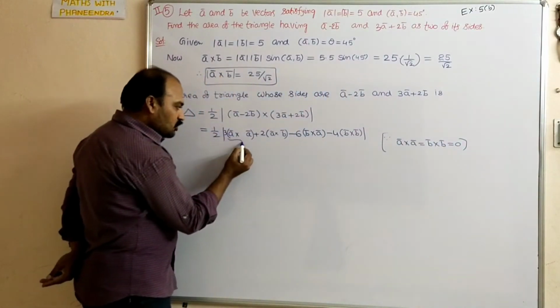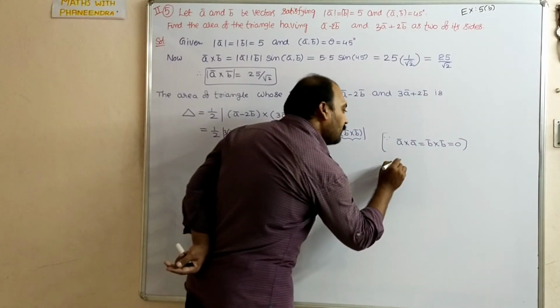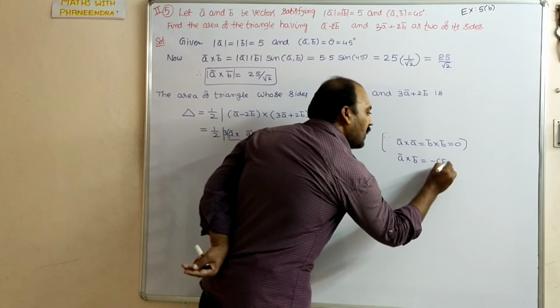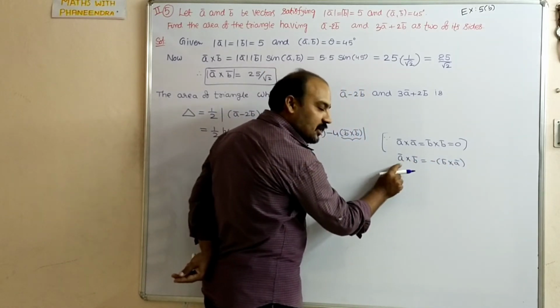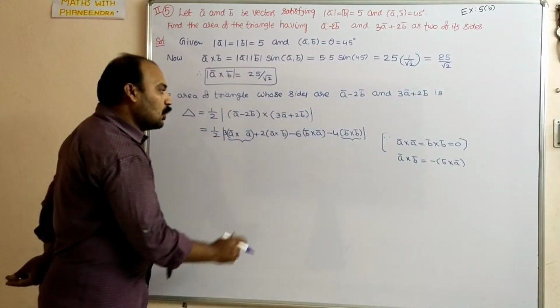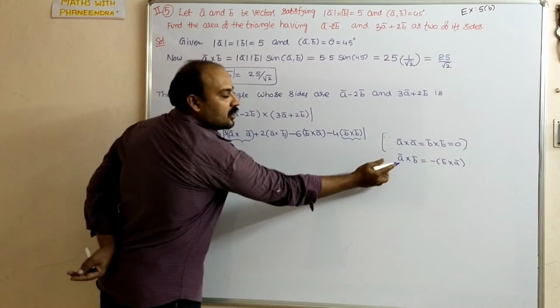One more thing: A bar cross B bar is equal to minus B bar cross A bar. If you interchange these two vectors in the cross product, the sign changes. So in place of minus B bar cross A bar, we can write A bar cross B bar.